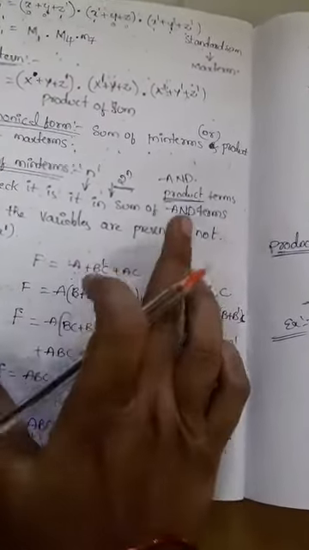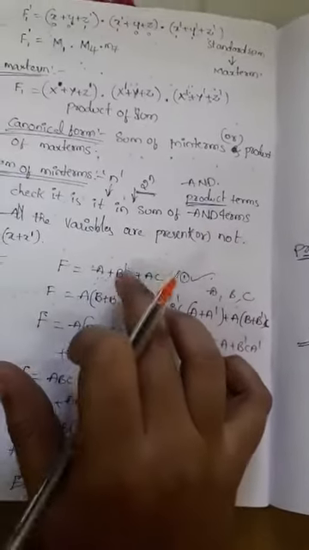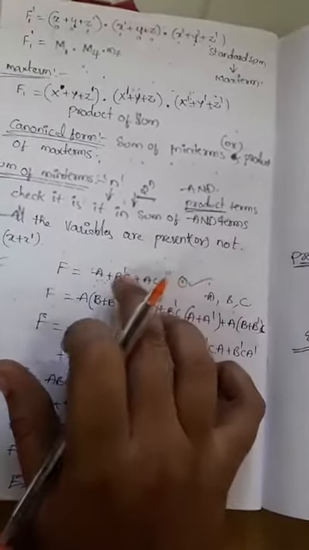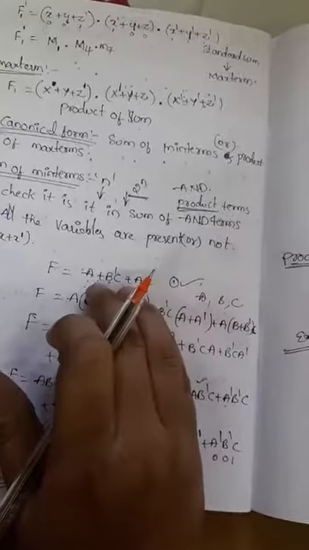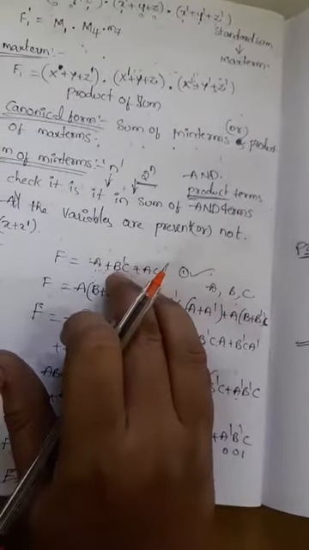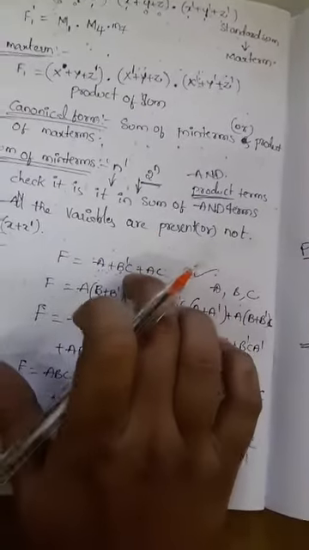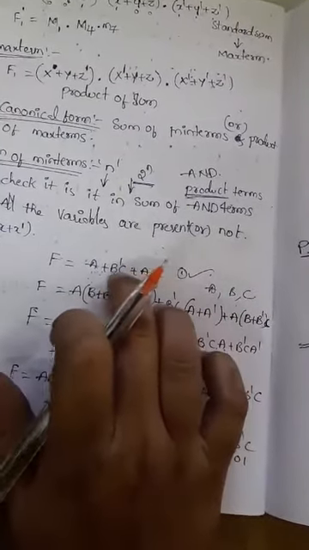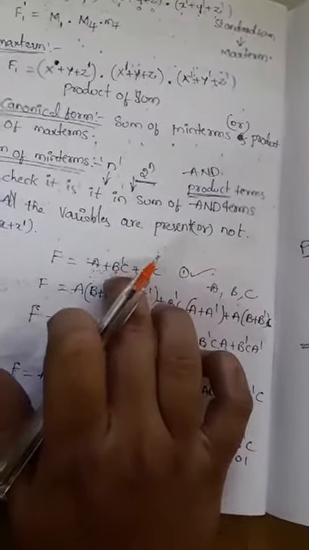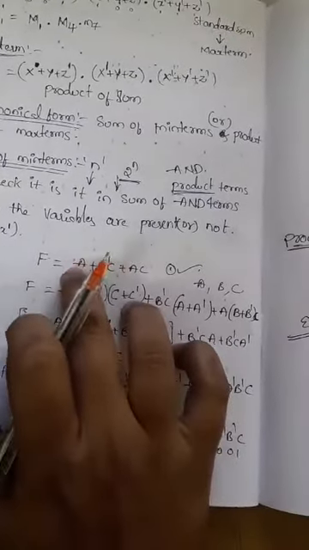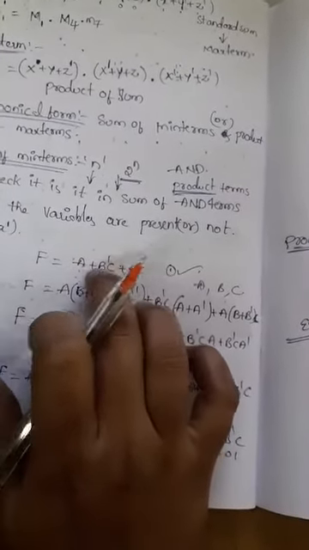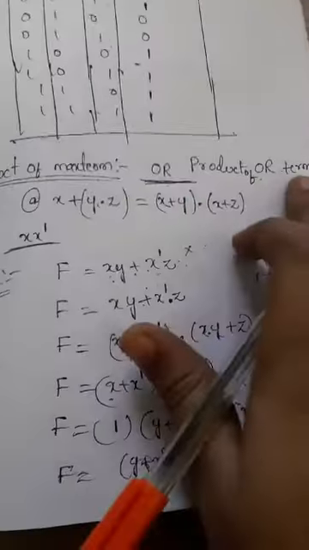Product is defined in between two or three variables, taken as a product term, and in between each term, where the terms are different and the variables are different, we define the or operation. In between each variable we define the product, and in between each term we define the or operation. But here it is exactly opposite: product of or terms.